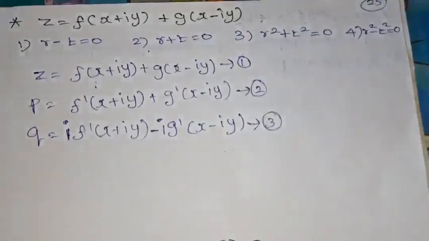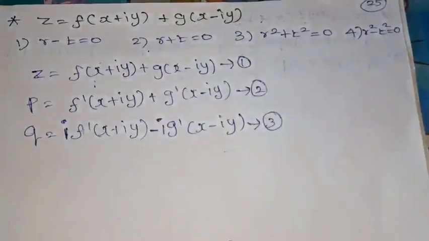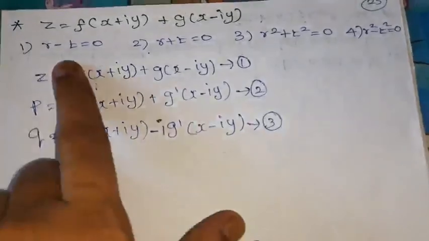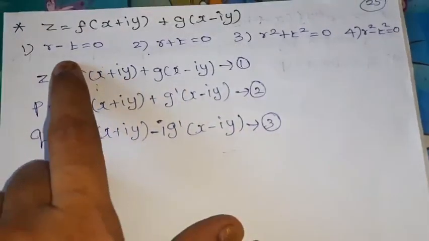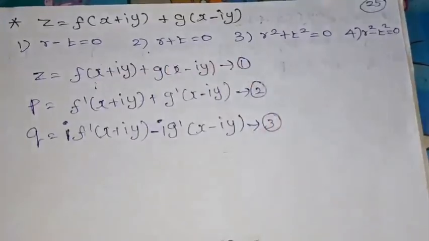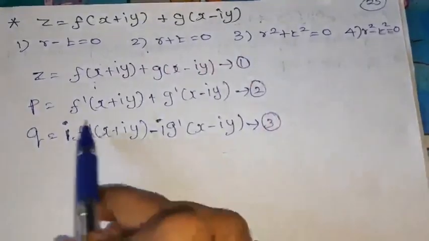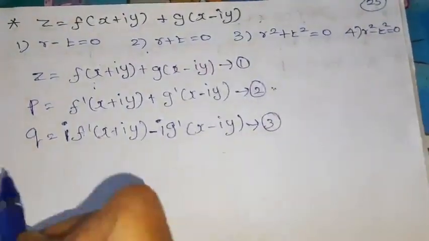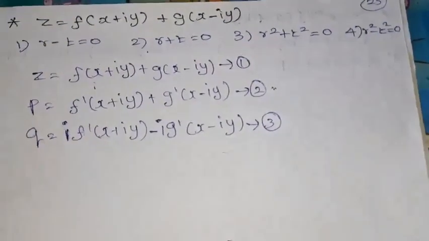By comparing with the options, we need to simplify further. It is given as r minus t, r term and t term. So we need to differentiate equation 2 again with respect to x.